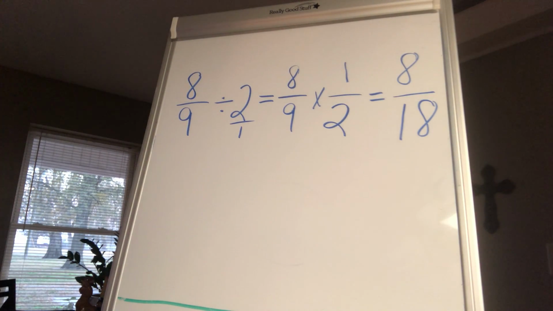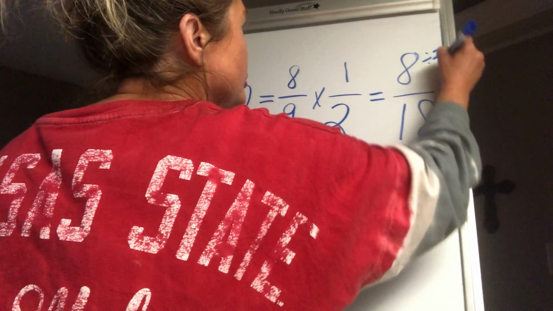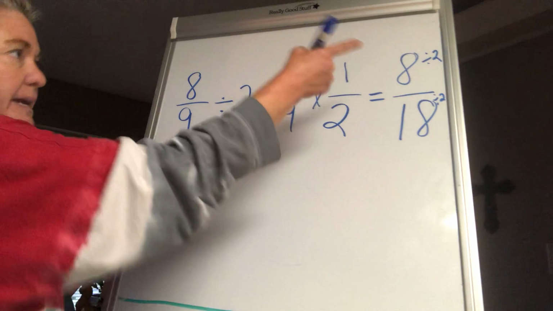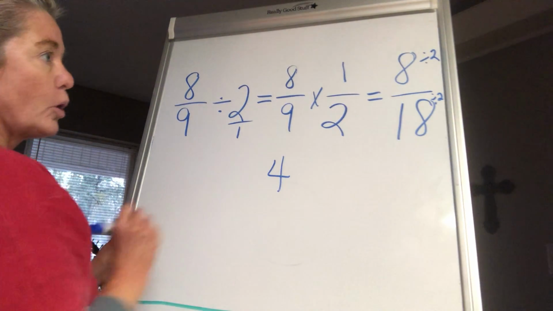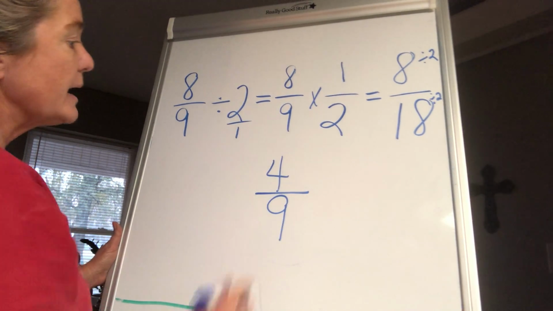So let's see, is there anything that we can divide both of those by and simplify this? I'm going to try a 2. 8 divided by 2 is 4, and 18 divided by 2 is 9.